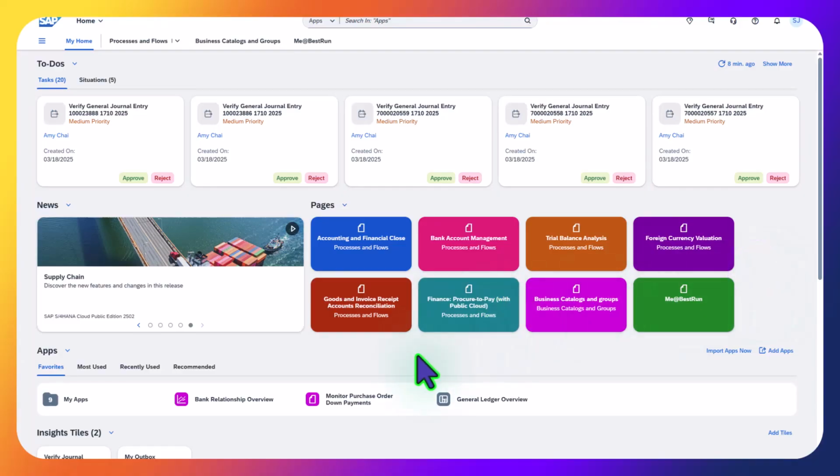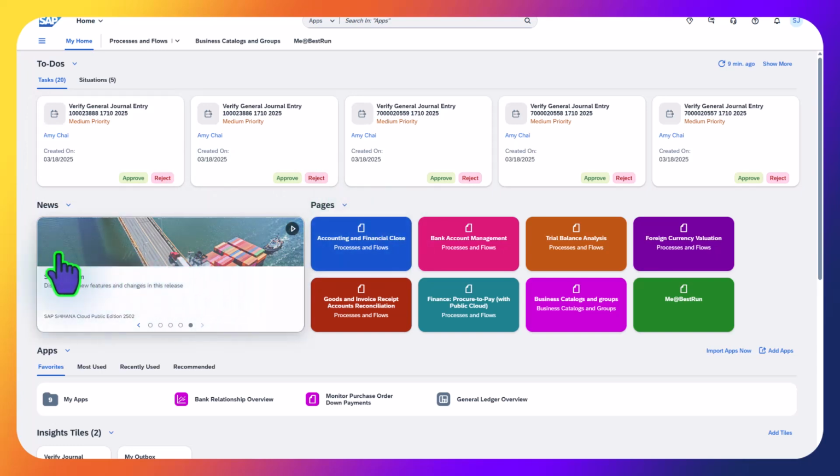So I'm already logged into an SAP S/4HANA system. As you can see, this is the new look and feel as you log into any S/4HANA from S/4HANA 2023 SP01. You have this new look with the tasks and situations on top, where you get to know the tasks, which include the workflows that you need to action.